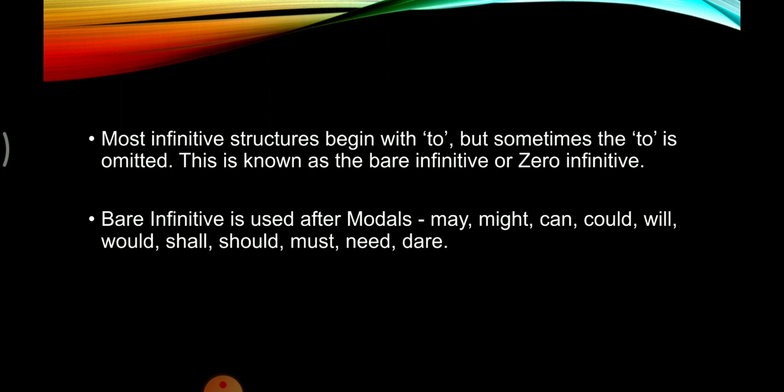But now we also got to know that there might be infinitives without to, and these kinds of infinitives will be termed as bare infinitive or zero infinitive. Bare infinitive is used after modals like may, might, can, could, will, would, shall, should, must, need, dare.